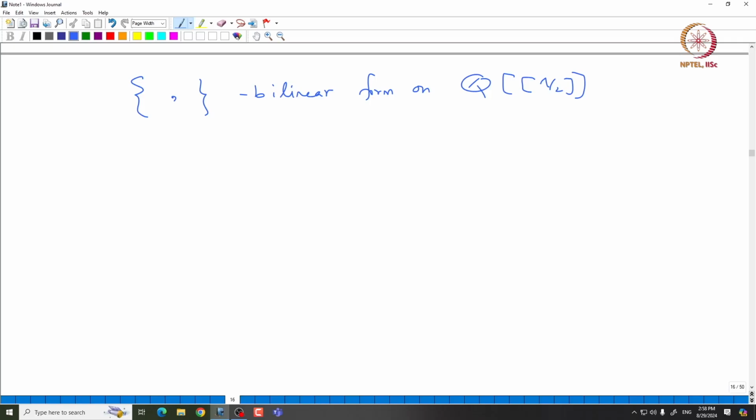So, let us define it on the basis as follows: the bracket of e^λ and e^μ is defined to be (λ, μ) times e^{λ+μ}, for all λ, μ inside this ℚ-bracket. We define it for the basis elements and extend it linearly to all the elements.